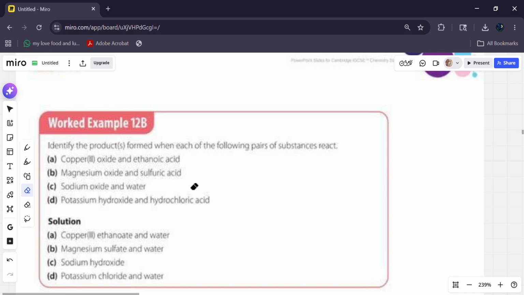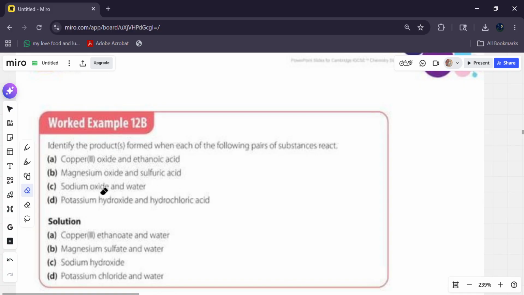Magnesium oxide and sulfuric acid will give magnesium sulfate and water, as you can tell, because the magnesium mixed with the sulfate, and anything with oxide forms water. Sodium oxide and water forms sodium hydroxide. Why?